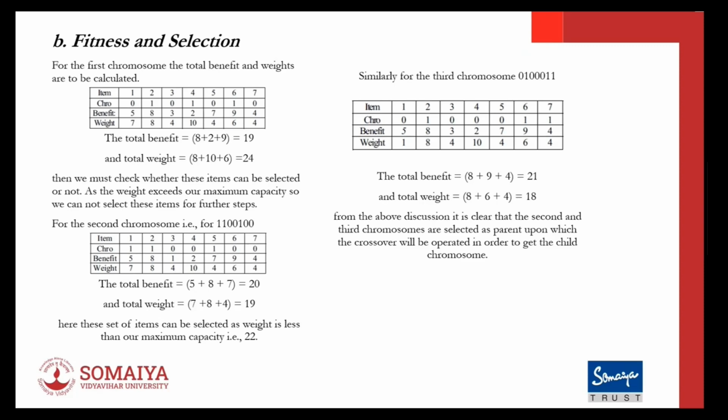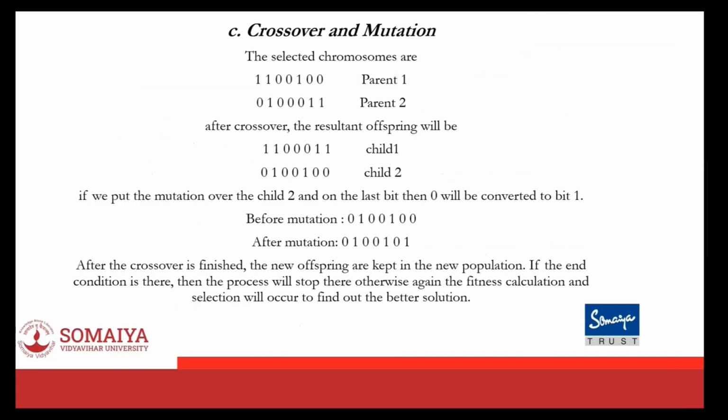For the second chromosome, 1100, the total benefit is 20 and total weight is 19. Here, this set of items can be selected as the weight is less than our maximum capacity, that is 22. Similarly, for the third chromosome, the total benefit is 21 and total weight is 18. From the above discussion, it is clear that the second and third chromosomes are selected as parents, upon which the crossover will be operated in order to get the child chromosomes.